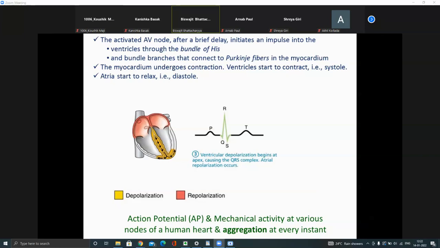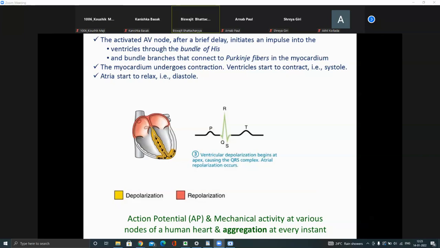The myocardium region, means the muscles of the heart, are in contraction, means our ventricles start to contract. The lower chambers are now in compression. In the other way around, the upper region or the atrial region starts to relax.